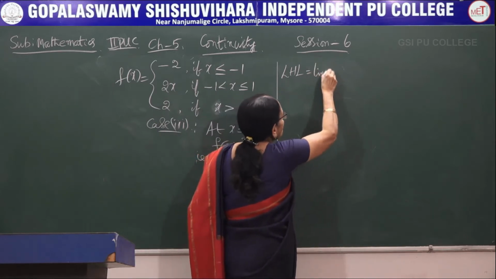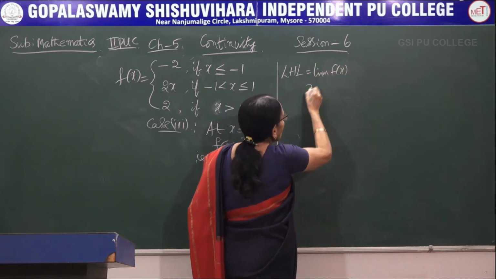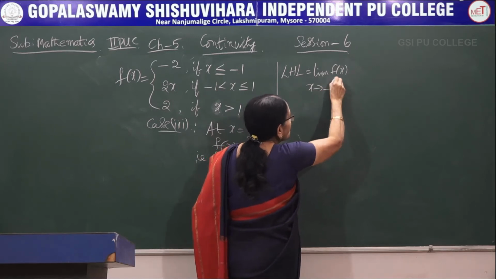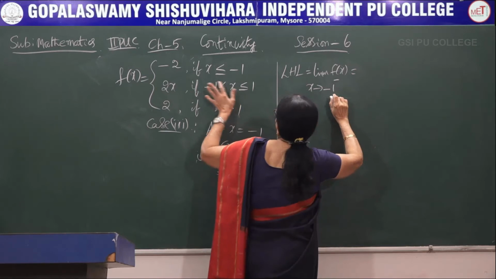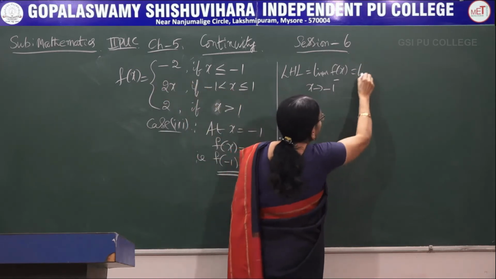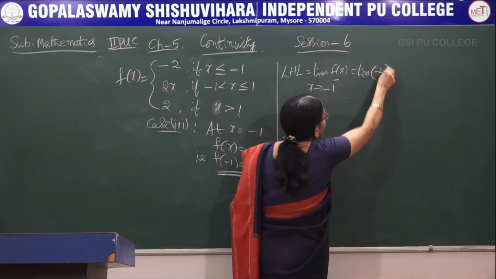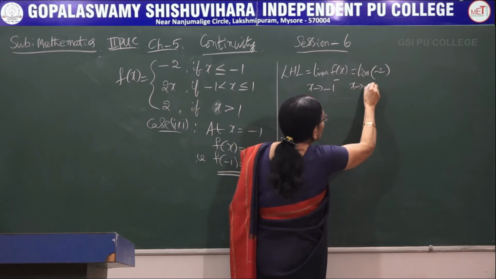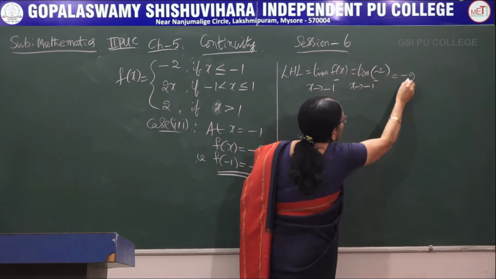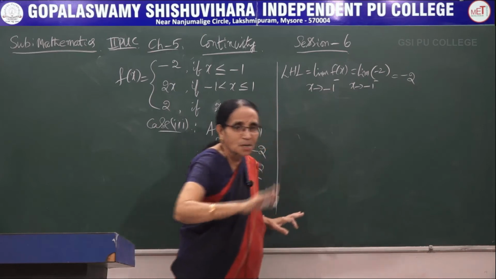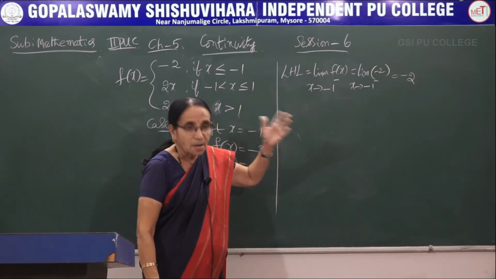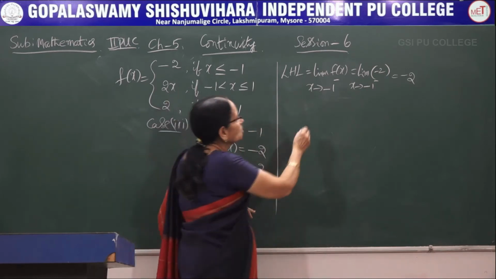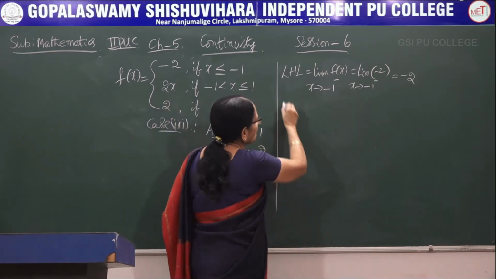That is, limit of f of x as x tends to minus 1 minus. It is limit of minus 2 as x tends to minus 1 minus, which is minus 2. When there is a variable x, we write the value minus 1. When it is a constant, it has to be written as it is. So, the left hand limit is minus 2.